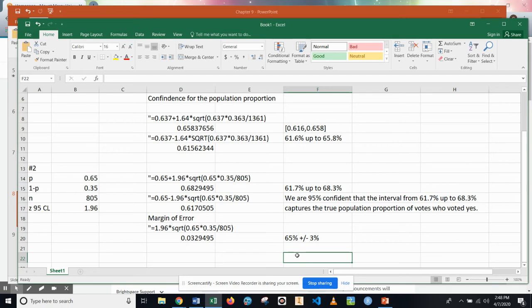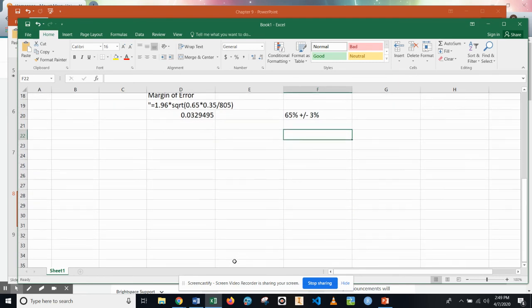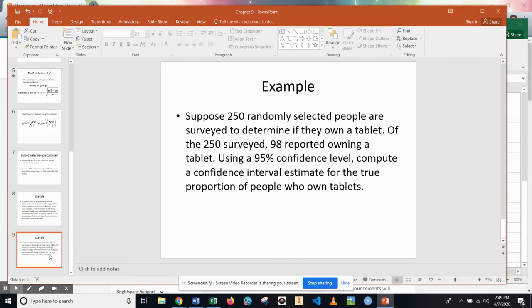Okay, one last example. This time we've got to calculate our percentage. If we jump back to our example, we have 250, so that would be your N. 98 report owning a tablet, so there's your numerator. So 98 out of 250 is going to be our P, and we have a 95% confidence interval.